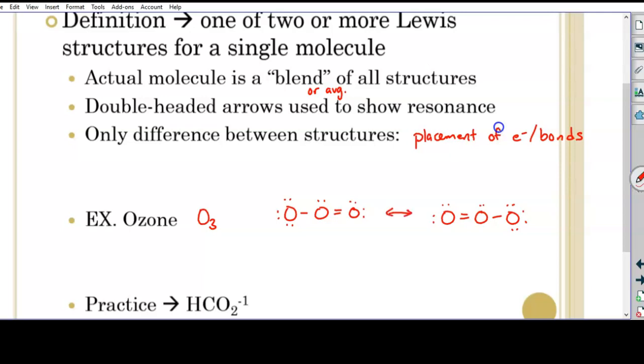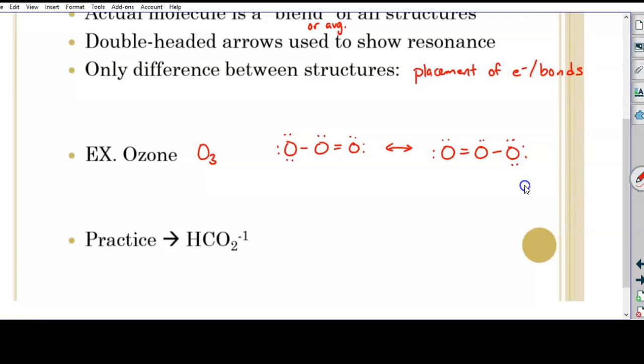And you would put a double-headed arrow like that to indicate that they are resonance structures of one another. What I would like you to try is this practice problem. You should get 2 possible structures. Please pause the video and try this now.